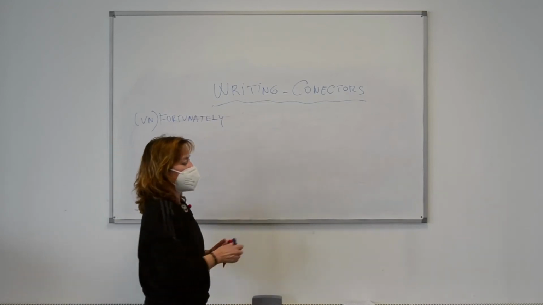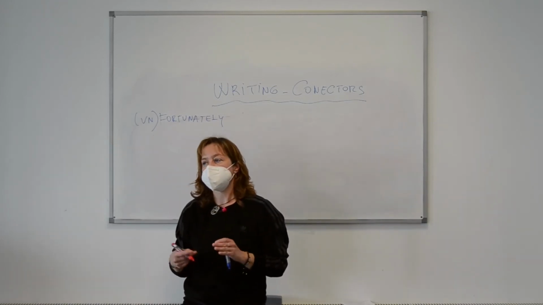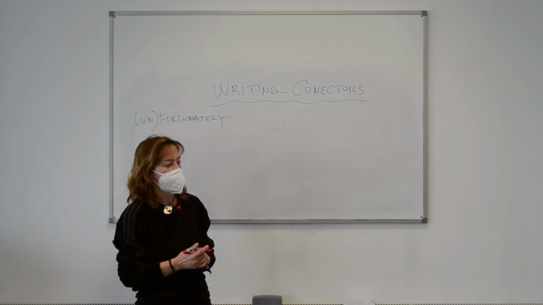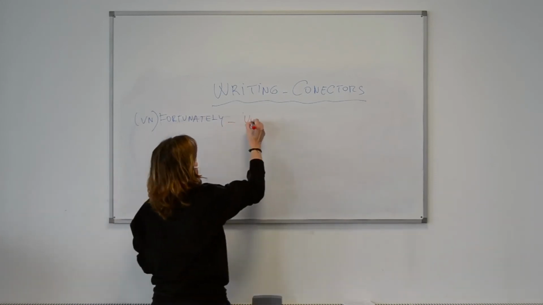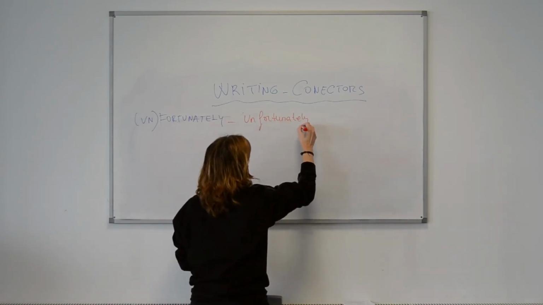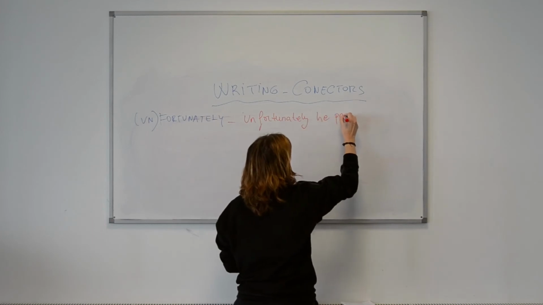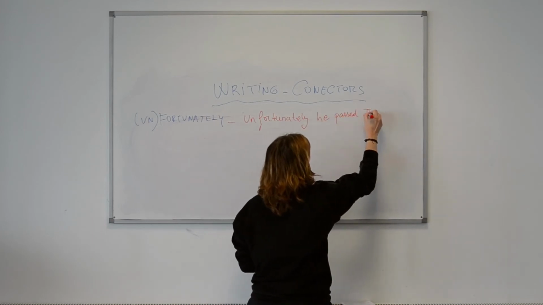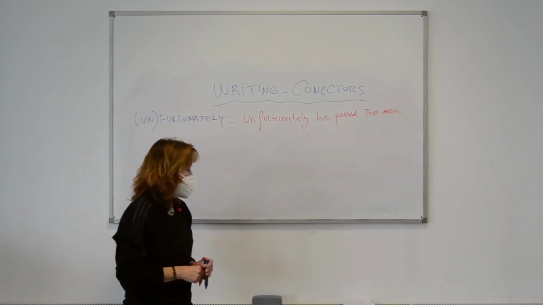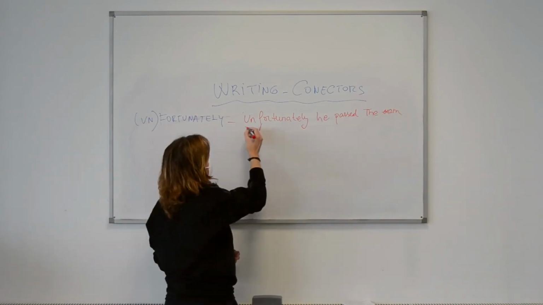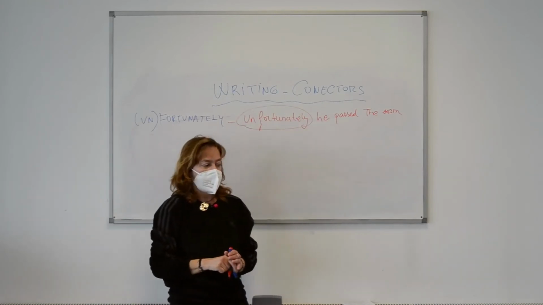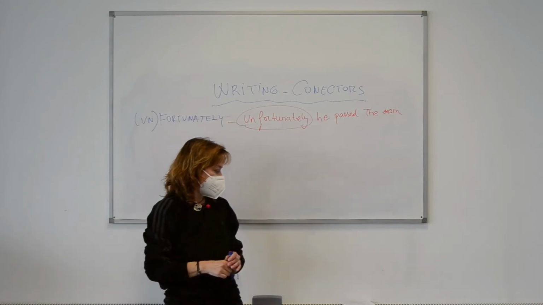Adverbs like usually, rarely, seldom, all these adverbs help us to join sentences and create meaning. For example, unfortunately, he passed the exam. In this case, unfortunately is a connector that is usually placed at the beginning of the sentence, not at the end of the sentence.